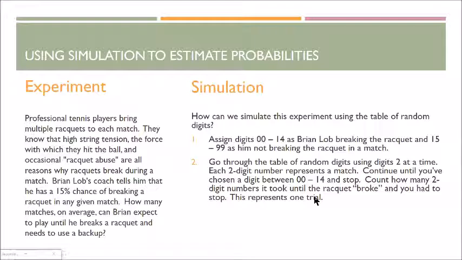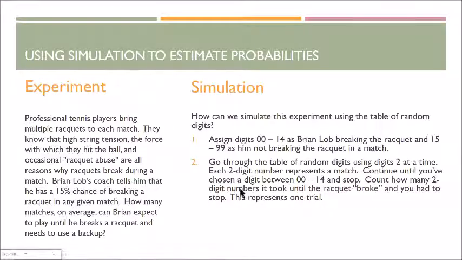So for that trial, it would have taken him one match to break the racket. And then maybe the next trial, my digits were like 87, 54, and then 02. That means it would have taken him 3 matches to break the racket. So that's a second trial.